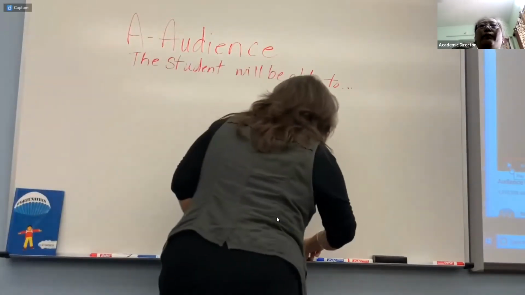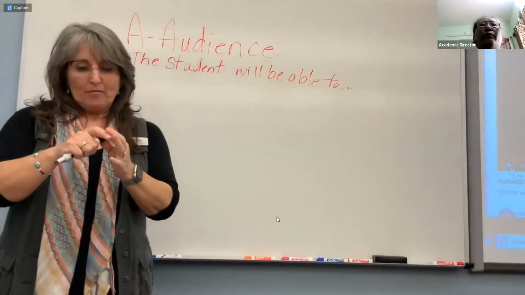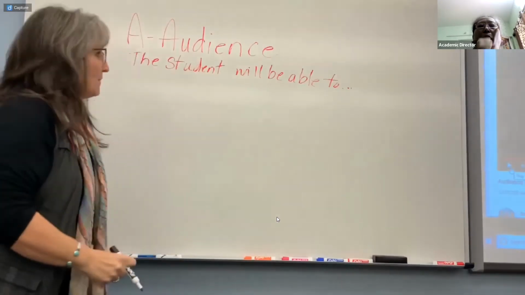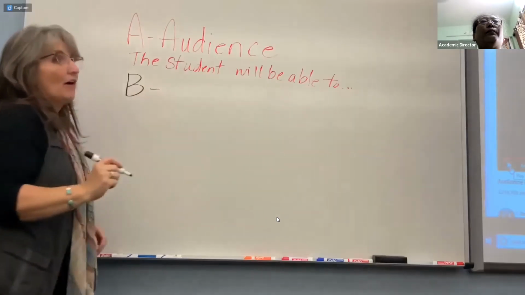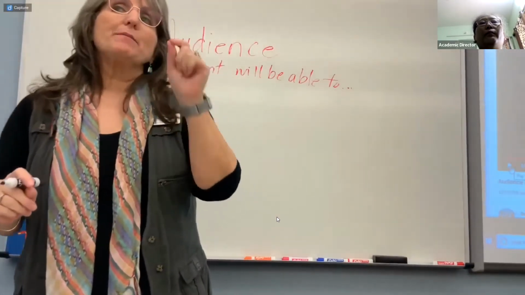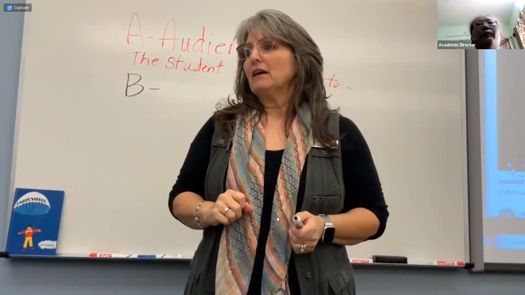So I'm going to pick up my next one. And my next color is going to be black. And black is going to be a strong color because it's going to be the behavior of our learning objective. Now, what is the behavior of our learning objective? What is it, Ellen?